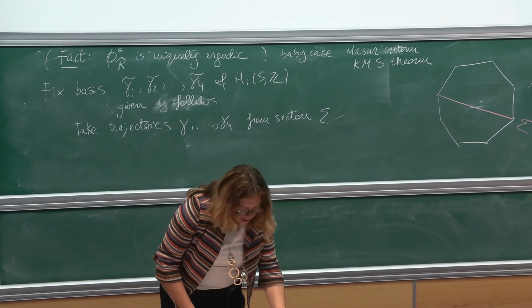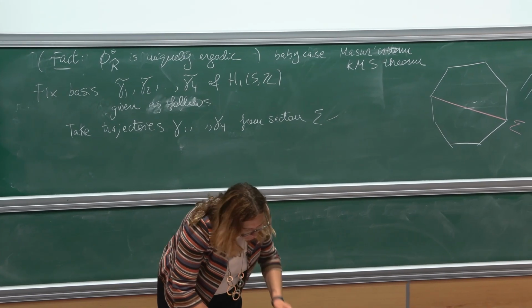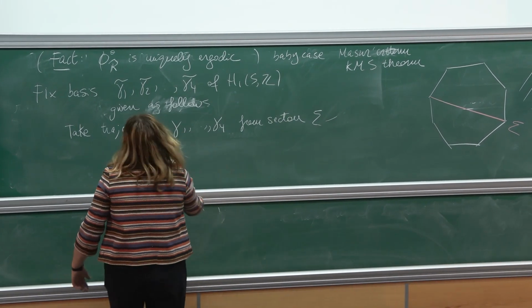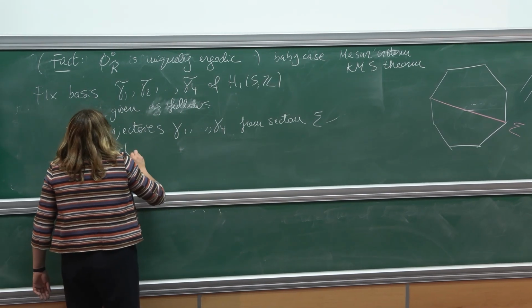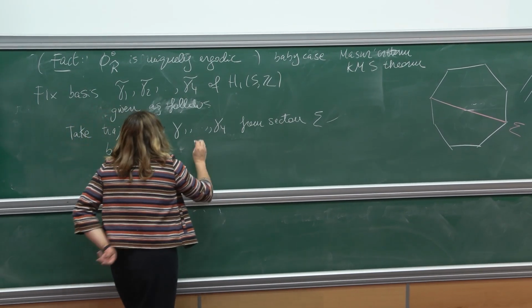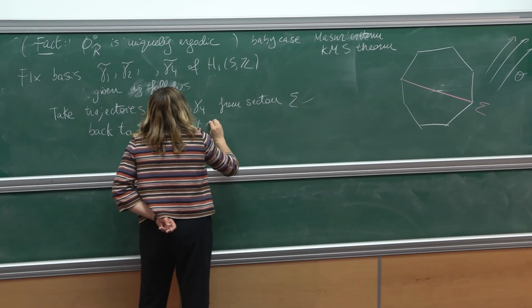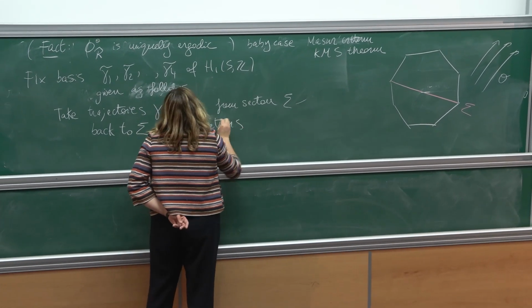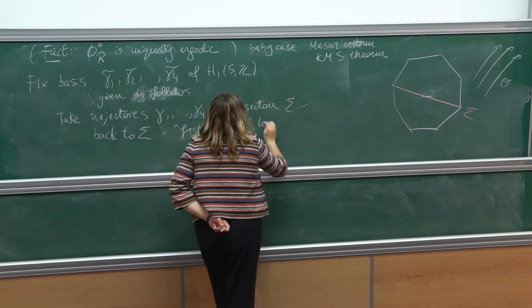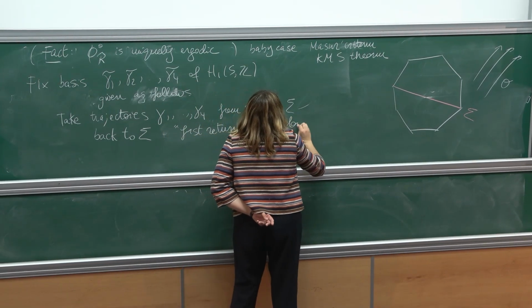I want to take trajectories from the section back to the section, back to sigma. So these are first return trajectories.